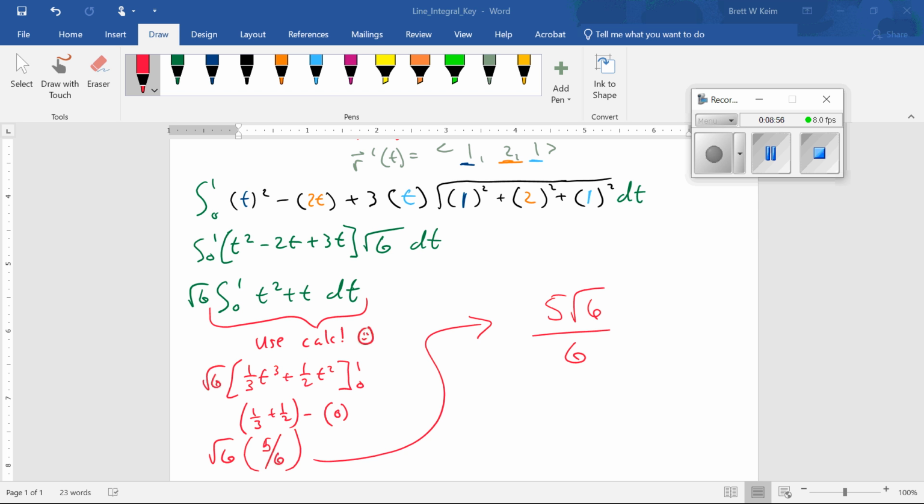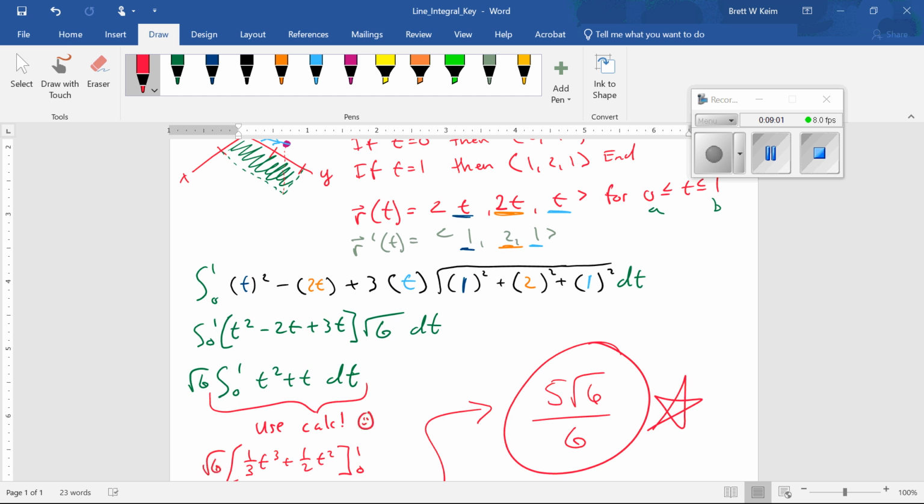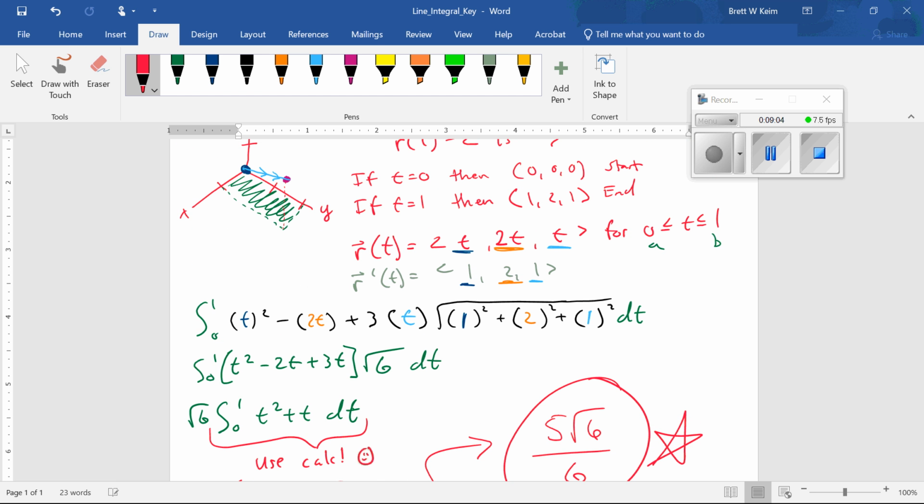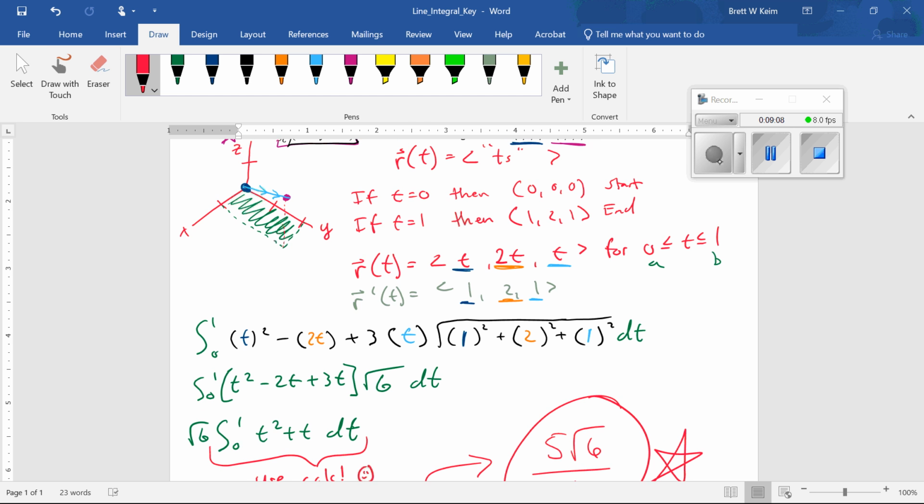Now what's really crazy is this is the end answer, okay? But the crazy part is, if you would have chosen a different pathway, or a different parameterization here. So if I wouldn't have done r like this, this is one option here, I'll write another one. r, I could have made be 1 plus 2t, and then 2 plus 4t, and 1 plus 2t.